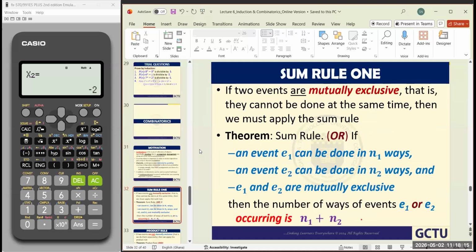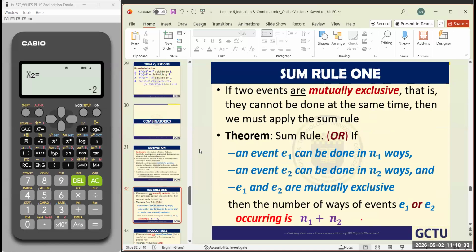Now, there are 2 types of combinatorics or arrangement problem: arrangement that allows you to use addition, or using multiplication. Now, if you are given an event, for example, let's take the ladies. I think I've answered a question like this in class before.